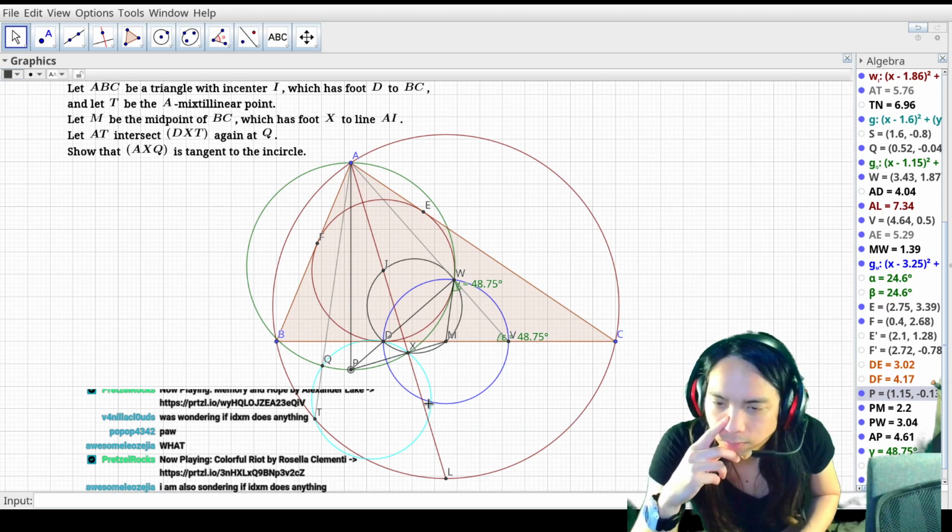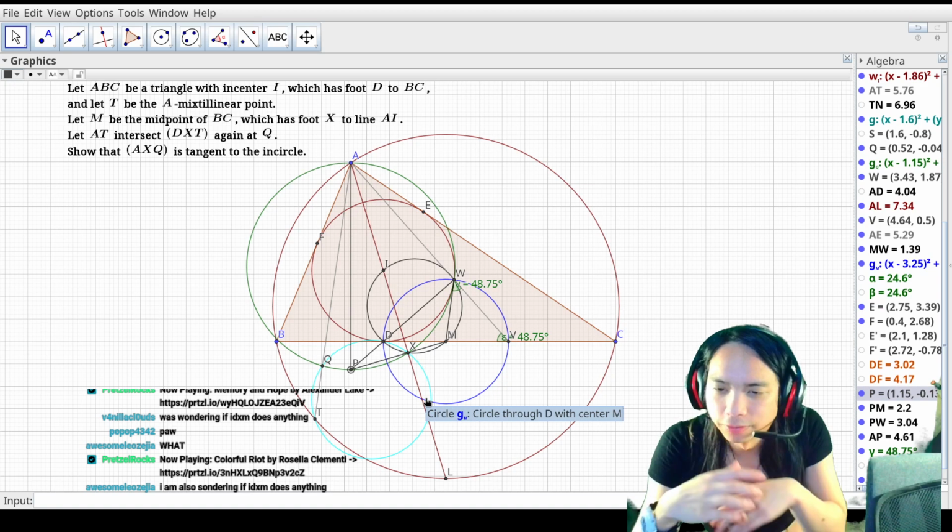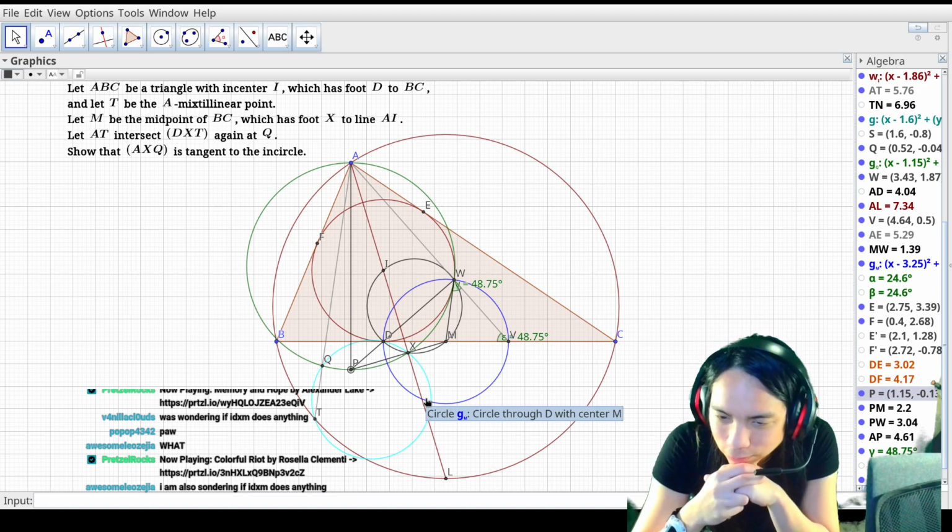However, the two gray lines are isogonal, so I feel like I should just be able to do it.